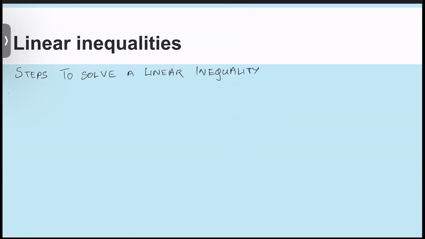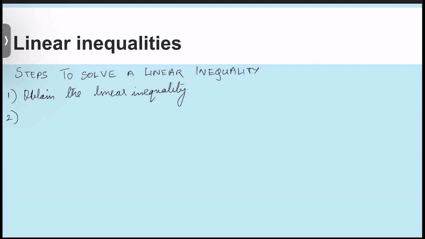The first step is, if you are given a worded statement, you have to represent it in the form of a linear inequality. So the first step is to obtain the linear inequality.